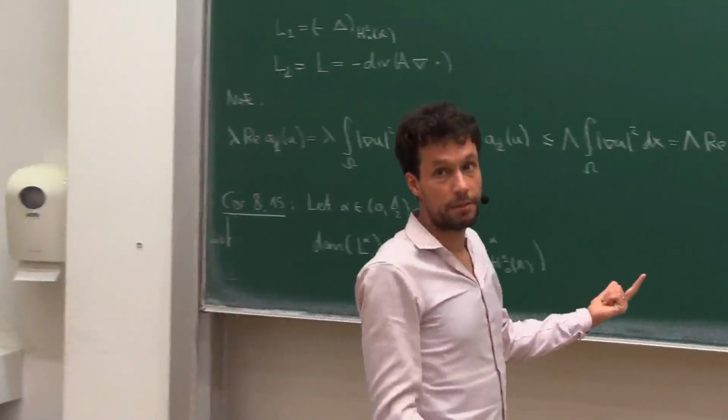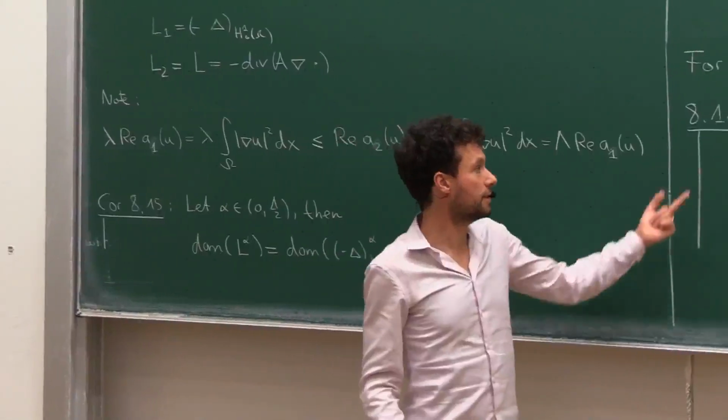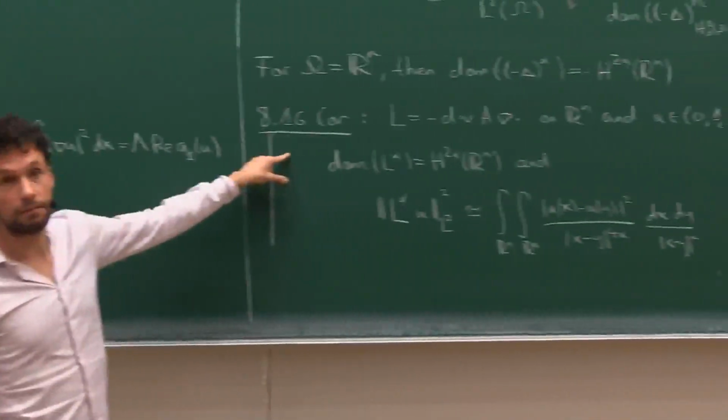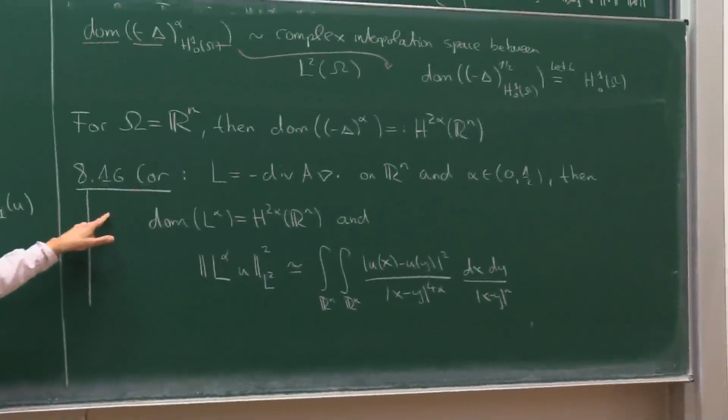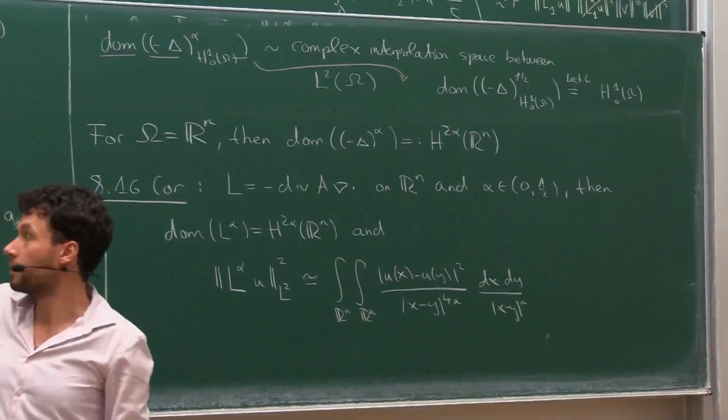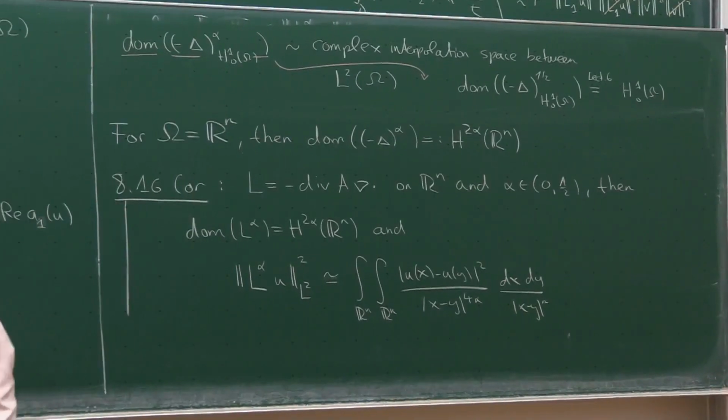Why did I call it subcritical after all? I call it subcritical because this result for divergence form operators is actually just a corollary of the Kato result that works for all other types of sesquilinear forms with the respective assumptions.